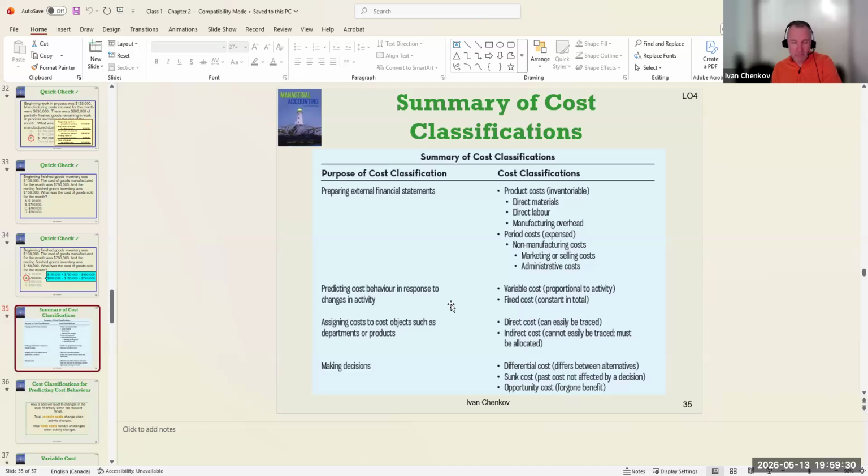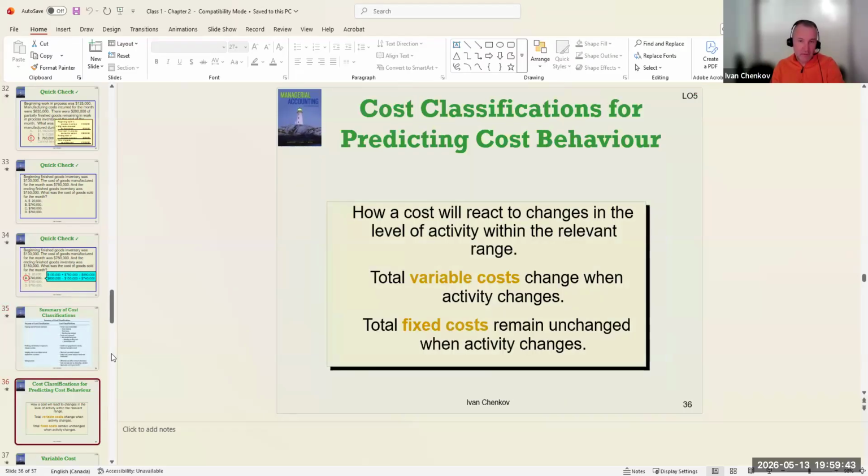Those are basically the main classifications of costs in this introduction to managerial accounting, which is mostly about cost. So now let's go to the classification of how the costs behave. We're going to have a special chapter, chapter 3, where I'm going to talk mostly about how the costs behave. I may even start that chapter today, let's see how the time goes.